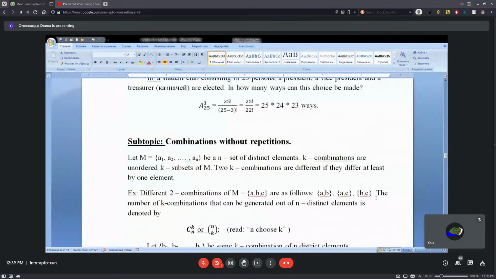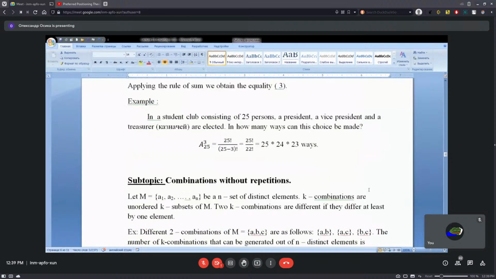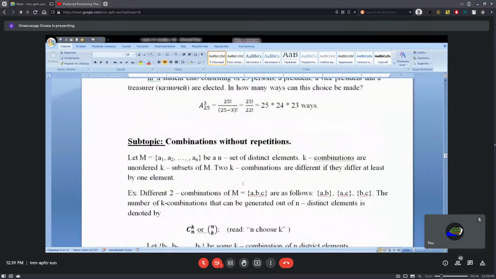Now, combinations without repetitions. Here, this is the number of subsets which are ordered, where we care for the sequence of elements. Combinations without repetitions. Let M be set of n elements, distinct elements.